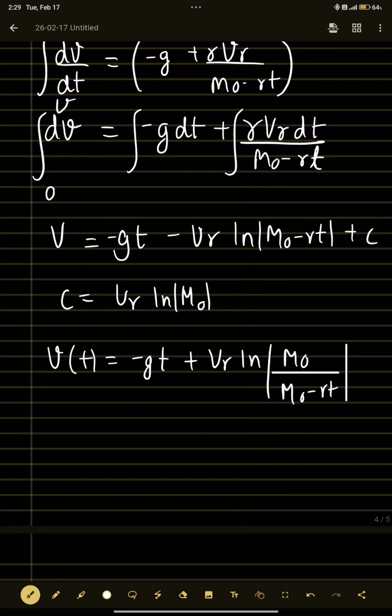Is there anyone who faced a little bit of difficulty in this integration, or it was fine? Here there is one thing. As you progress, it may happen that you lose touch with integration and differentiation and these things. Maybe there are some tricks for certain integral forms which you do not know.